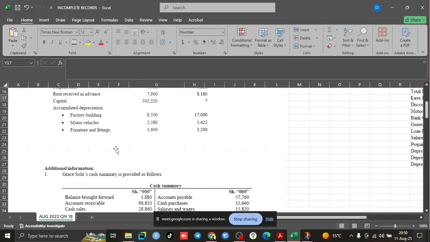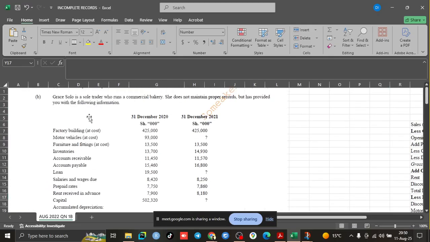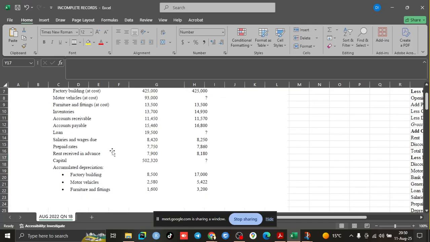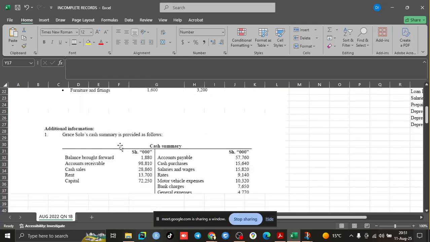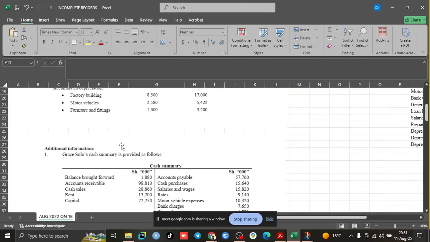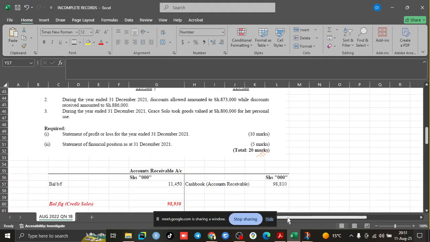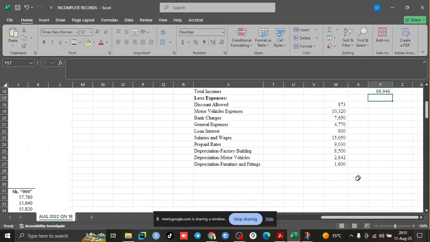I doubt whether there is any expense nimeleave out. Any expense nimeleave out? There is none yenye nimeacha. Okay. So naweza pata net profit, then niproceed on to my SFP.